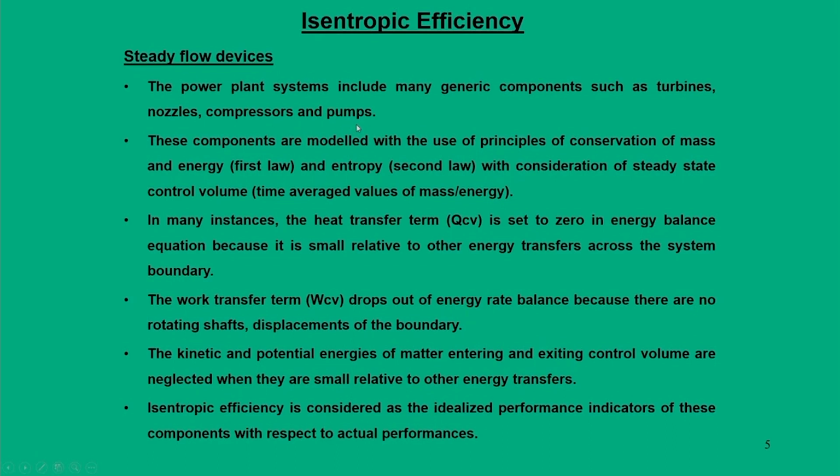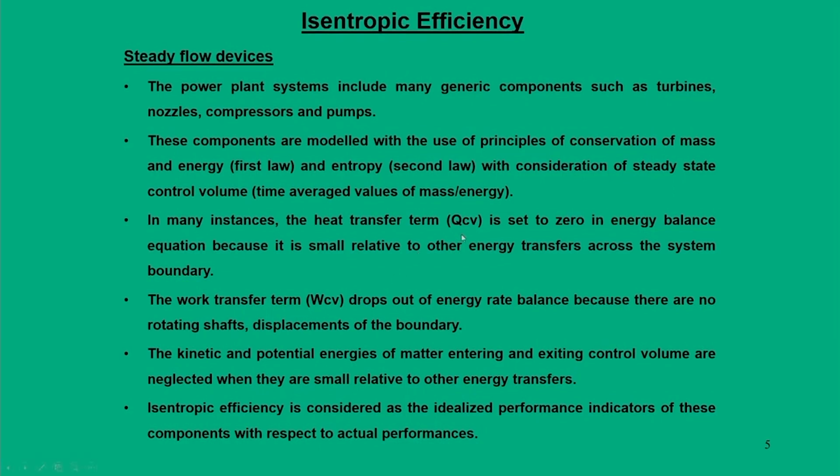Because of this nature of the requirement, the terms associated in the energy balance, either the heat transfer term through the control volume or the work transfer term, can be set to 0 or a negligible number as compared to other parameters.